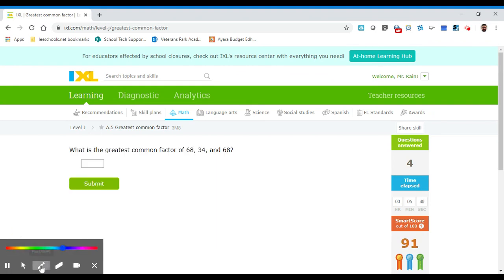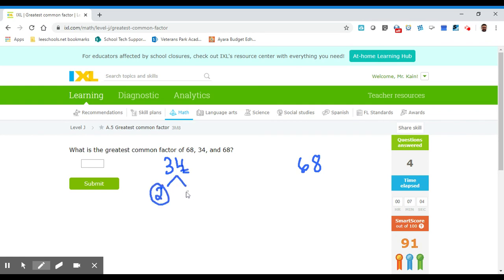Okay, we're going to do one last one here. This is kind of the challenging one because you have three large numbers, 68, 34, and 68. Interestingly enough, because there's a duplicate, you only need to do one of those. So let's just do 34 and 68. So again, little trick, if it ends in an even number, always use 2. 2 times 17. It's a prime number, so I'm just going to circle. Also, 2, because it's even. 2 and 34.